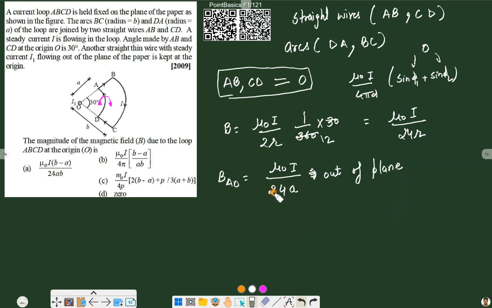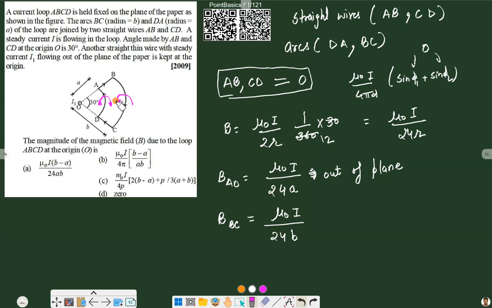Now, for the second part, or we can say the second arc, BC, the magnetic field will be mu naught I by 24 times the distance. The distance between O and B, O and C, is small b. So small b. And now using the right hand screw rule, we can say the direction of the magnetic field will be something like this.